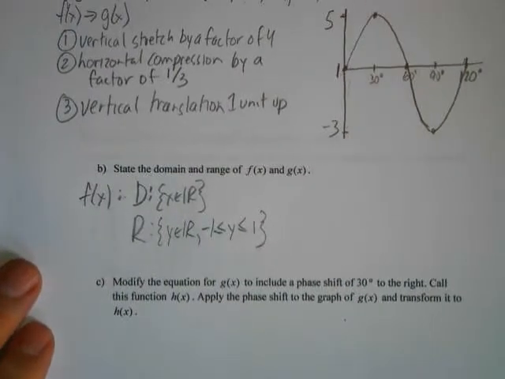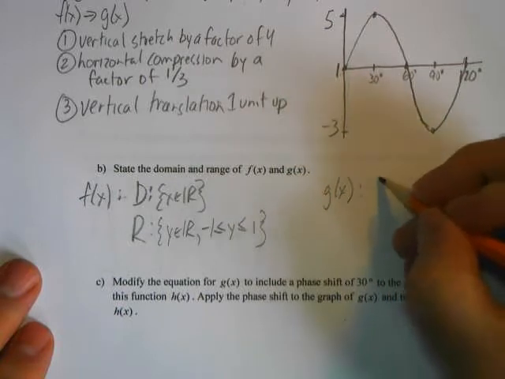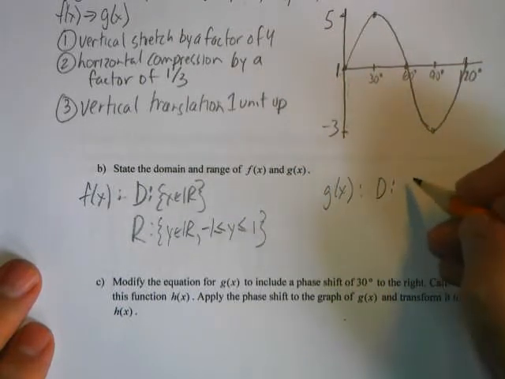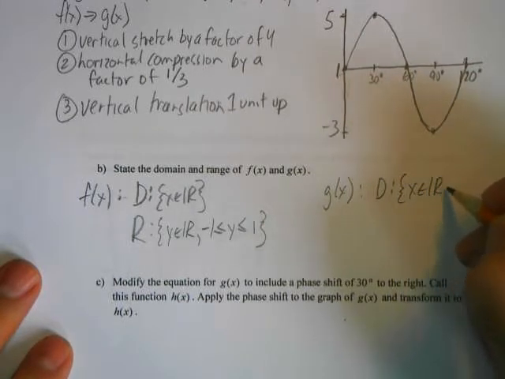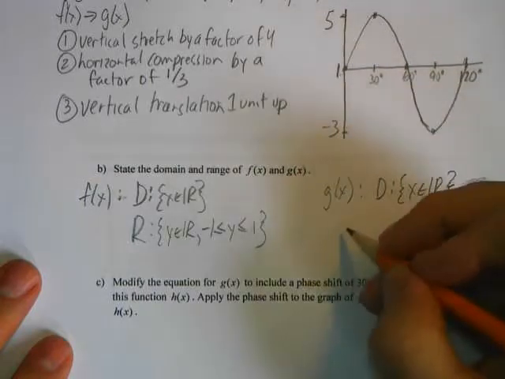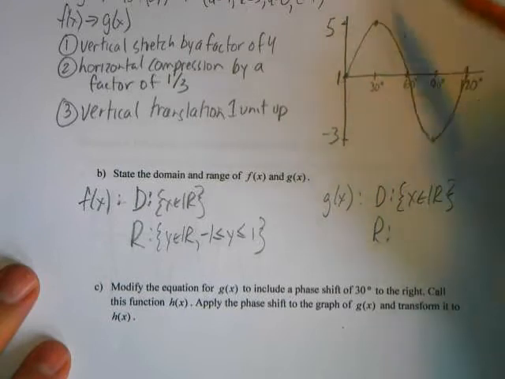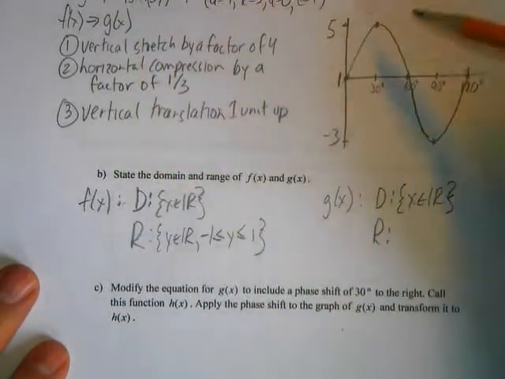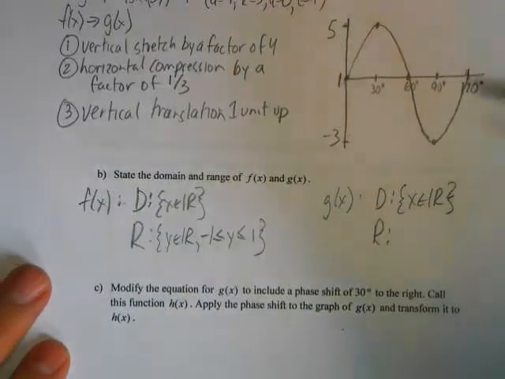Okay, and g of x, once we've applied the transformations, the domain will not be affected by any transformation, so it stays at x can be any real number. And then the range, you can see from our graph now, because of the c value being 1 and the new a value of 4, that we now have a minimum at -3 and a maximum at 5.